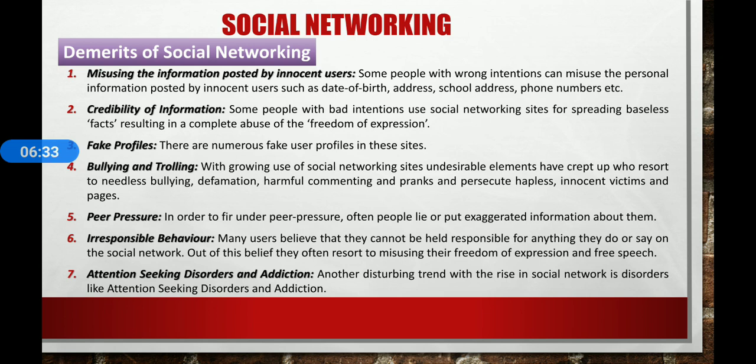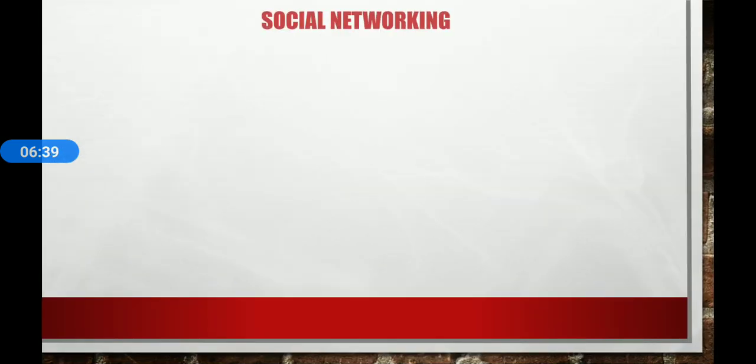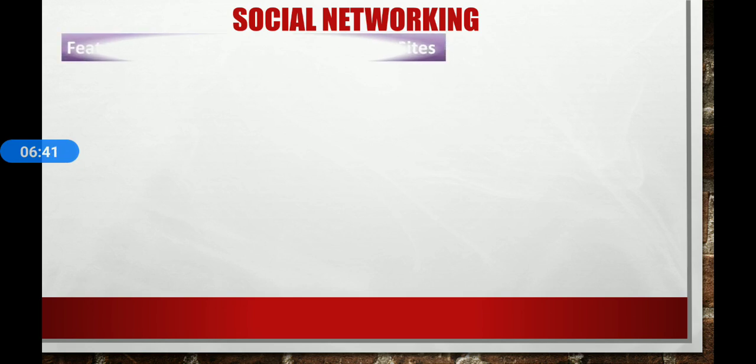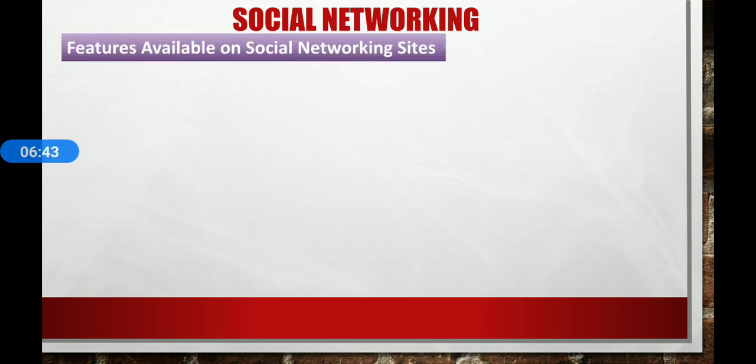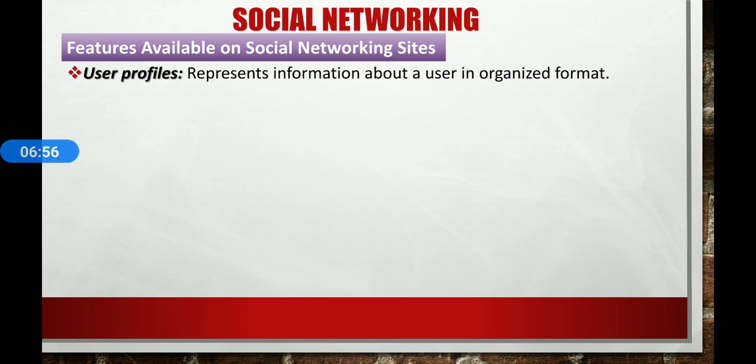Now let's see the features available on social networking sites. The social networking site provides certain functionality that helps users connect with other users in multiple ways. The first one is user profile.